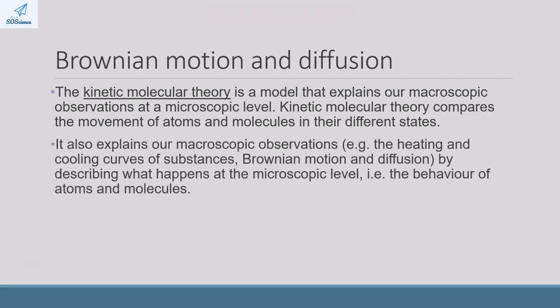It also explains our macroscopic observations by describing what happens at a microscopic level. So it explains the heating curve, the cooling curve, Brownian motion, diffusion, and that allows us to understand the behavior of atoms and molecules.